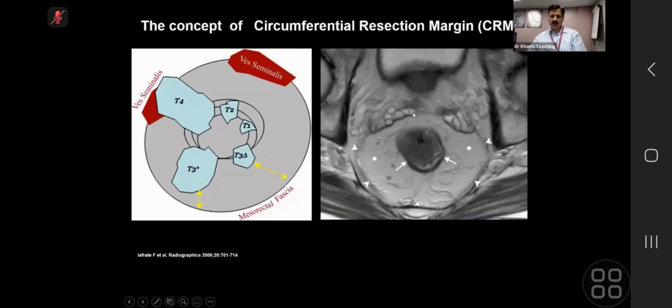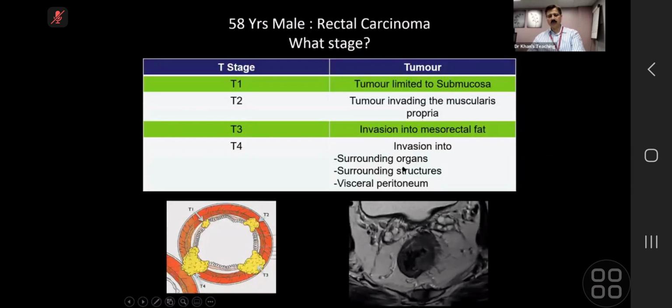This is the seminal vesicle. And if this tumor goes here, we call it is going into the mesorectal fat, becomes a T3 tumor. So this is the staging. T3 is invasion into the mesorectal fat. T4, invasion into the surrounding organs and structures, as well as the visceral peritoneum.